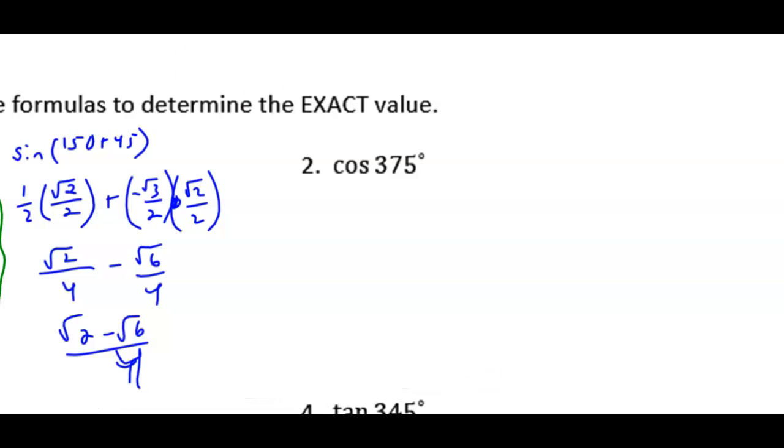Over here, cosine of 375. So you can do 330 plus 45, the sum. Cosine of 330 is radical 3/2. Cosine of 45 is radical 2/2.